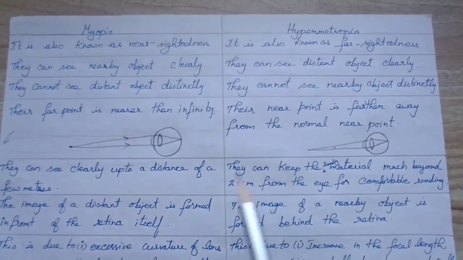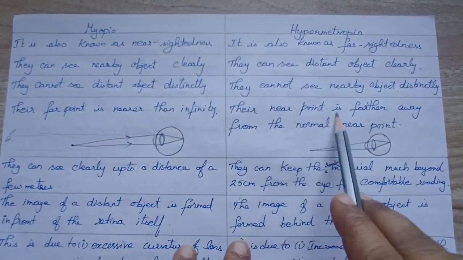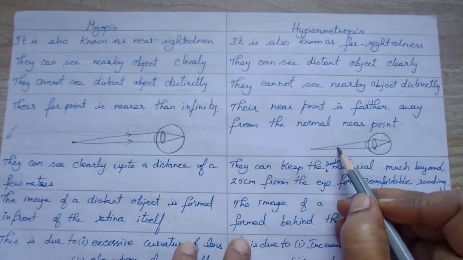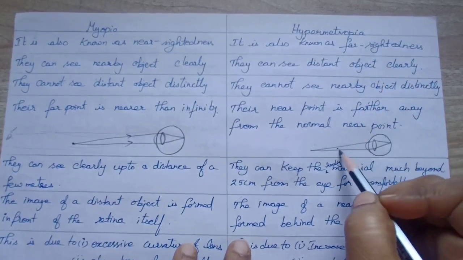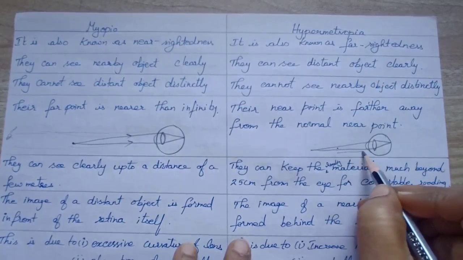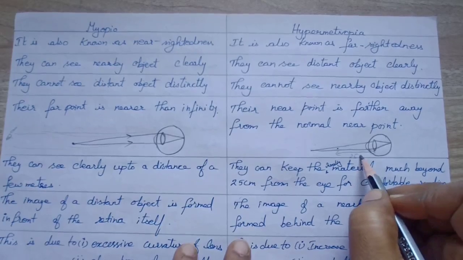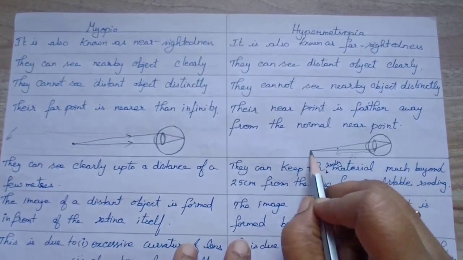For hypermetropia, the near point is farther away from the normal eye point, right? So they are able to see only distant objects. They cannot see nearby objects. This 25 centimeter is the near point for a normal person, but their near point will be further away from the eye.